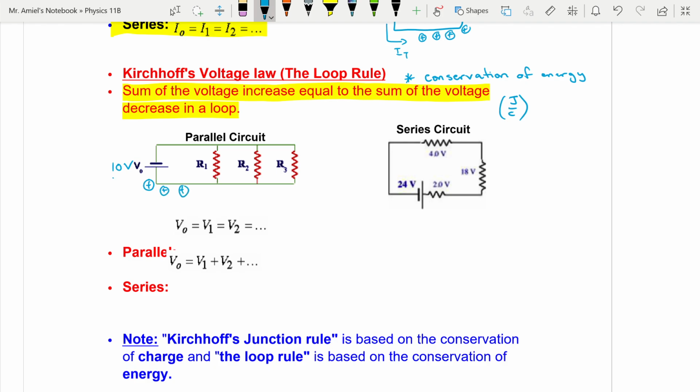Remember, this is joules per coulomb, right? Volts is the same as joules per coulomb. So we could say that we've got 10 joules of energy for each coulomb of charge here.